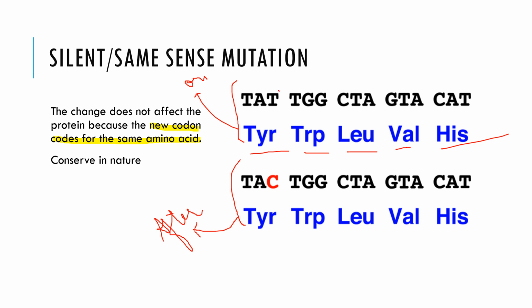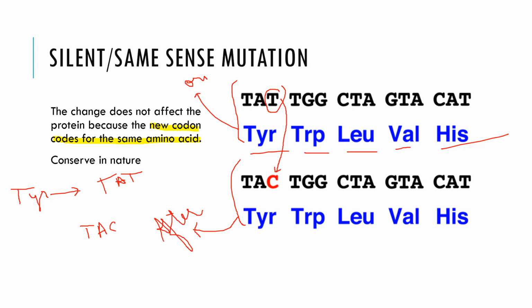So here in TAT, T is replaced by C. Now TAC is present, and you know that tyrosine is coded by TAT and TAC, because one amino acid is coded by more than one codon. Similarly, tyrosine is coded by TAT and TAC.